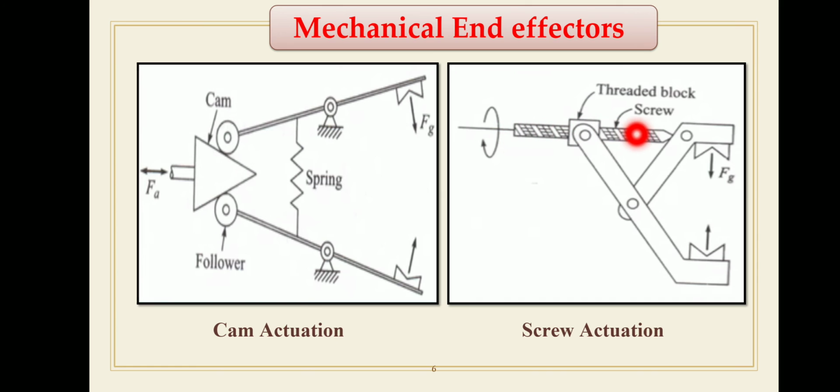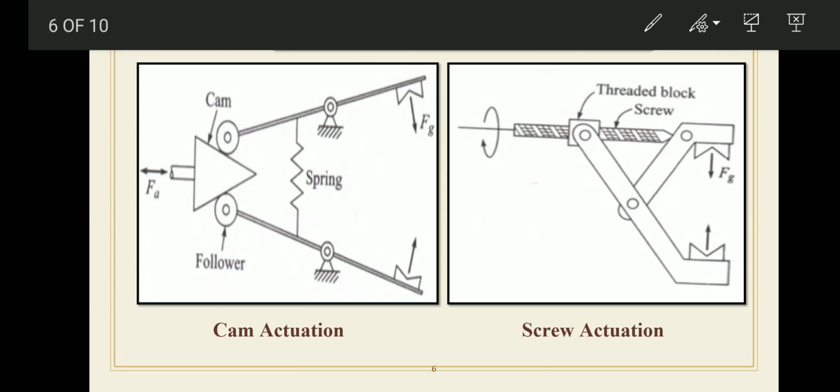Due to rotation of this screw, the threaded block moves, causing opening and closing of finger number one and finger number two. This is simply the working principle of the mechanical type end effector with screw actuation.